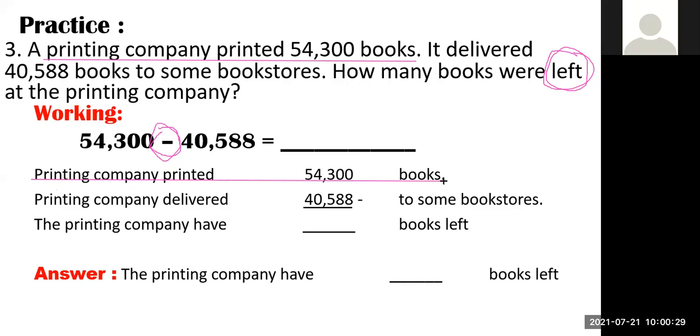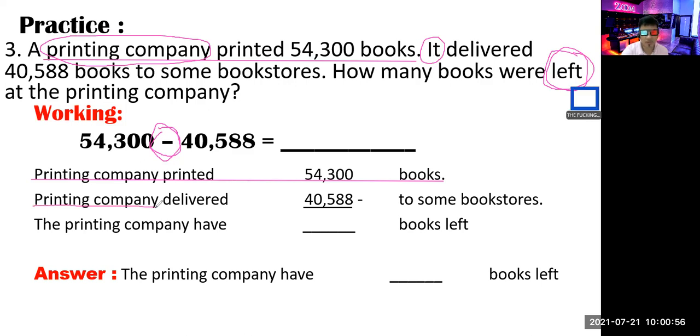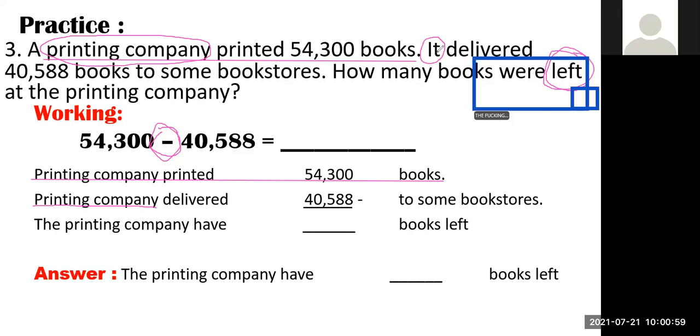And the second one, printing company delivered. The word it here refers to the printing company. That's why you can see here, I wrote printing company. It delivered.